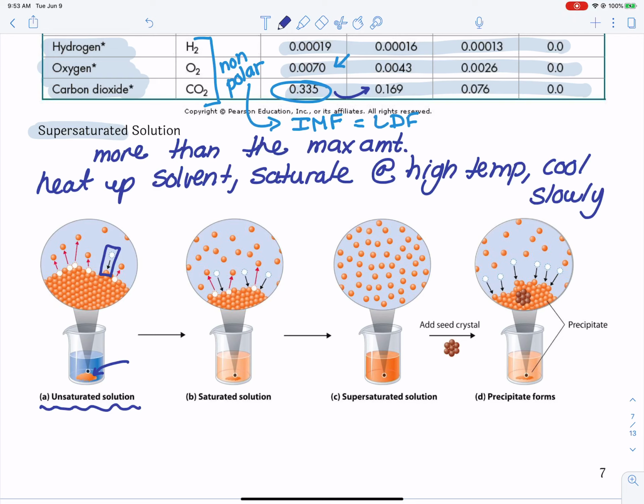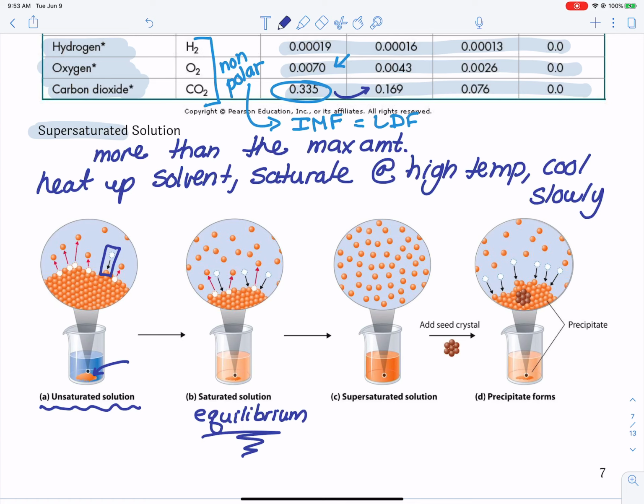Both of those are happening at the same time. When they happen at the same rate, if you look at this picture, there's the same number of red arrows as black arrows. That's a saturated solution. We would say that this system is at equilibrium. And the fact that a saturated solution is in equilibrium becomes very important in AP chemistry.